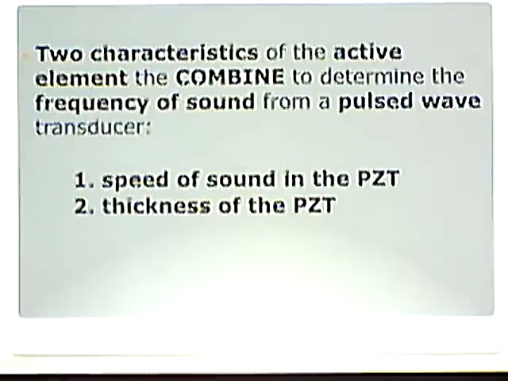There are two characteristics of the active element that combine to determine the frequency of sound from a pulsed wave transducer. Those are the speed of sound in the PZT and the thickness of the PZT. These are simple, straightforward relationship principles that we're going to talk about, okay?